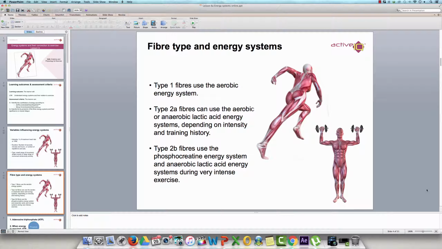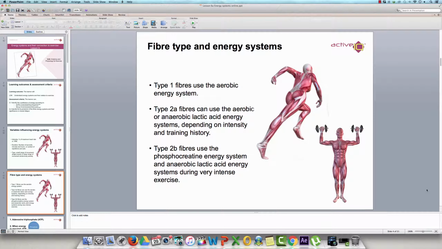We then have the type 2A, which are the ones that flit a little bit in between the type 1 and the type 2B, if you remember from looking back at that presentation. Type 2A fibres can use the aerobic or anaerobic lactic energy systems depending on intensity and training history. So once again, it depends on how they've been used in the past.